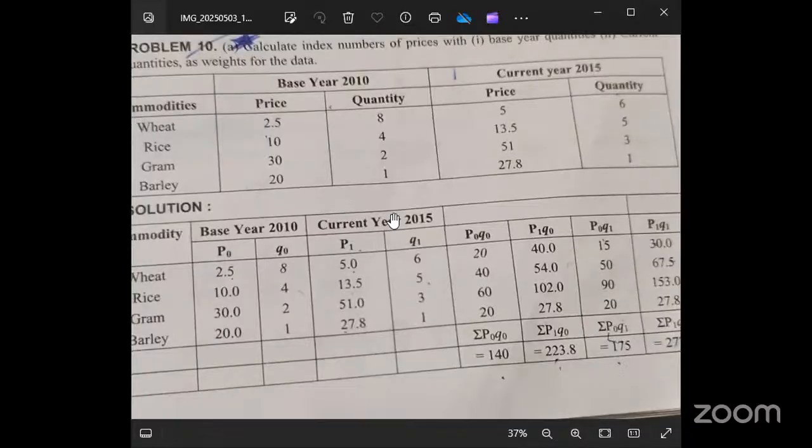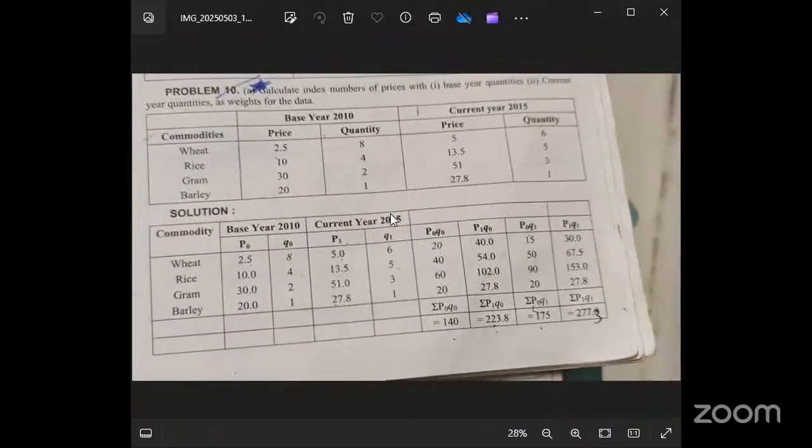See, this is a problem given to you. What they ask us to do: calculate index numbers of prices with base year quantities, and second one is current year quantities as weights for the data given.